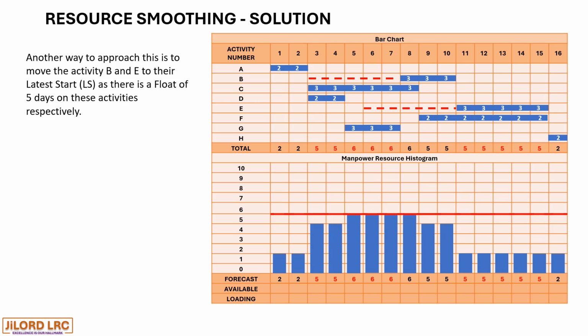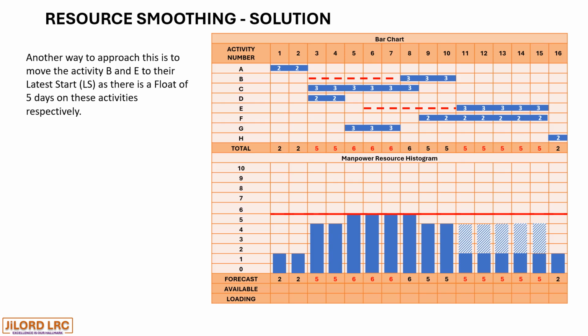And activity B and E, which have been moved, will now have the hatch section. It means the resources have been moved forward to add up to the days that we have only 2 resources working. So we have 3 adding up from day 11 to day 15.